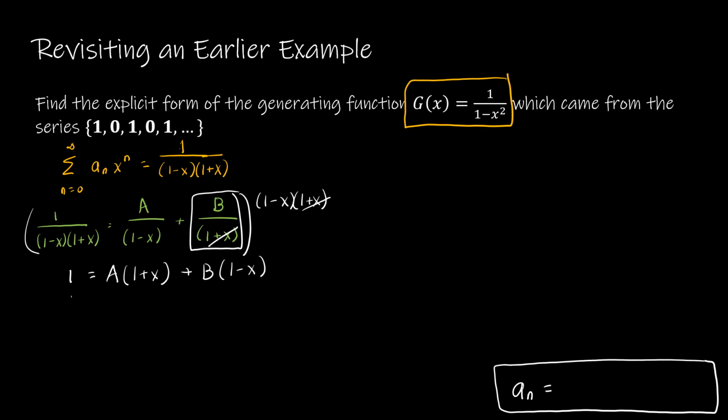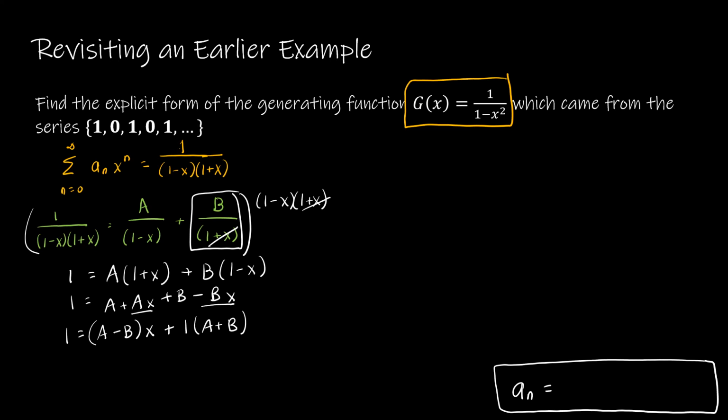Now, distributing a and distributing b, I get 1 equals a plus ax plus b minus bx. And then putting like terms together, I get 1 is equal to ax minus bx, and I'm going to factor out the x, plus 1 times a plus b.